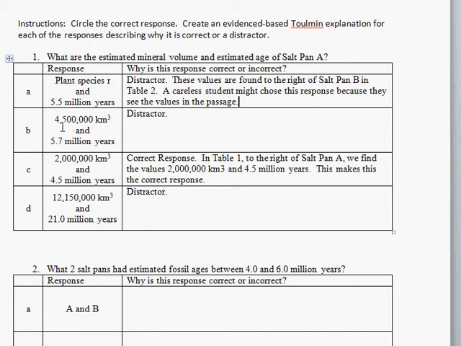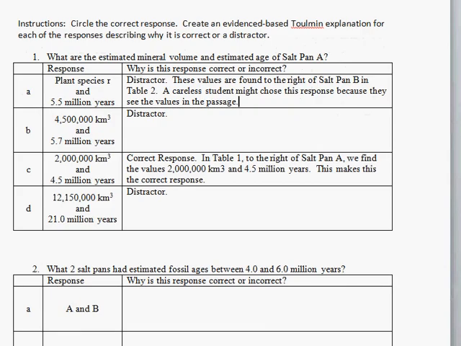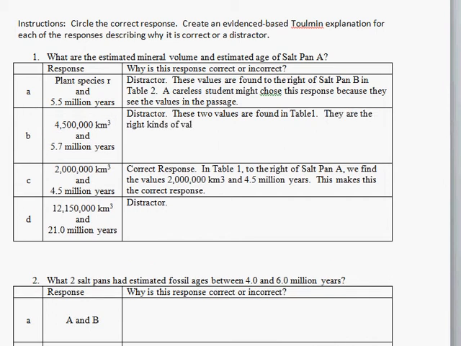Okay, 4,500,000 kilometers cubed, and 5.7 million years. That's here, and again, it's salt pan B. It's in table 1, so it's the right kinds of numbers, but it's just not the right salt pan. These 2 values are found in table 1. They are the right kinds of values.